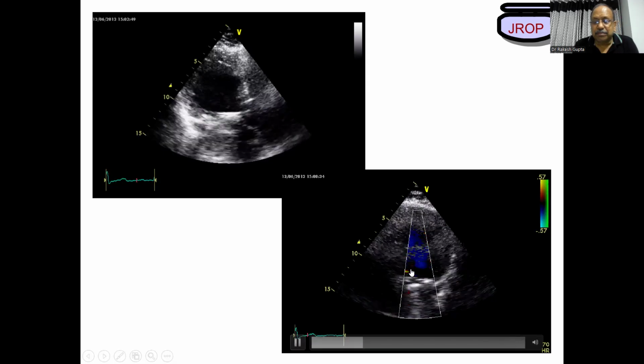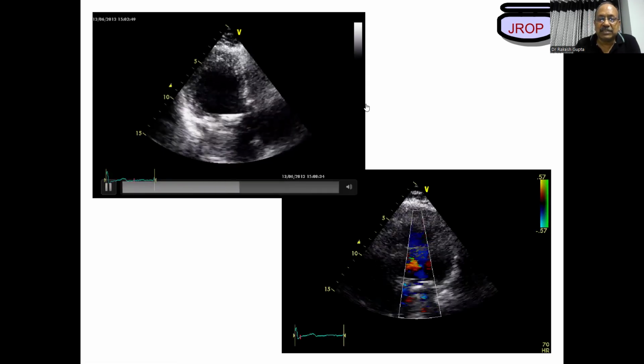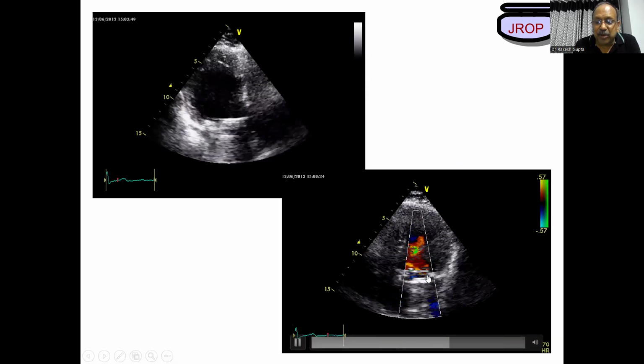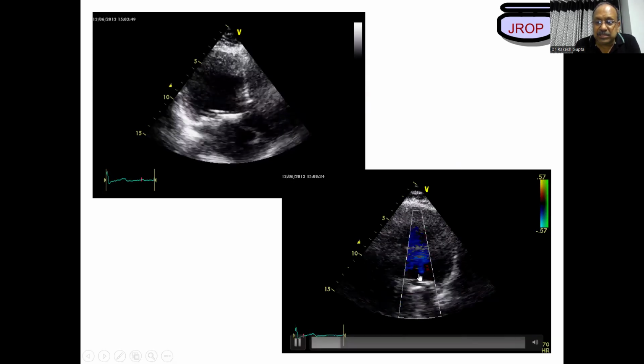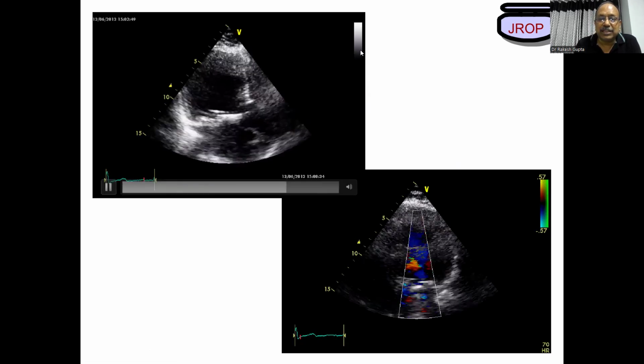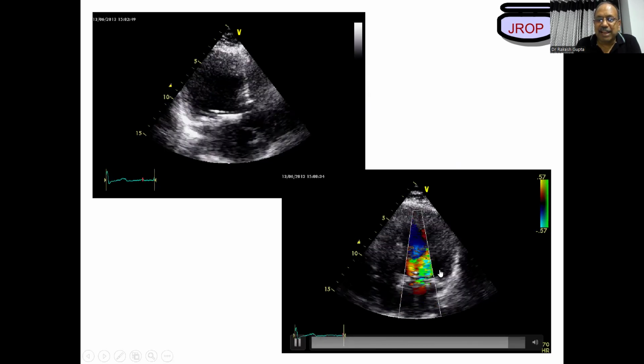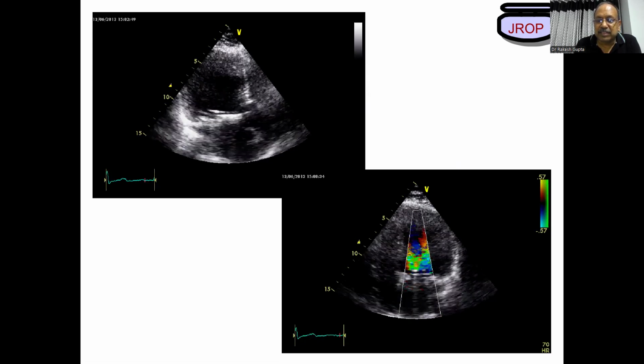The most important part of evaluation of this bileaflet prosthetic valve is that we have to align the Doppler beam not to the central jet. We have to align this Doppler beam along with the peripheral jets. Why do we say that? Because we have 3 jets.